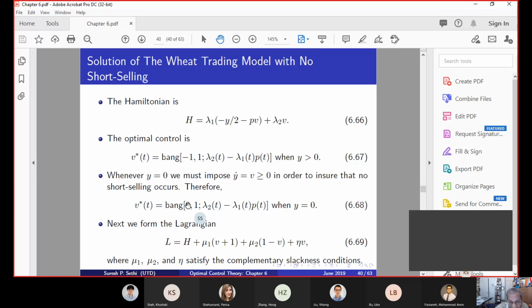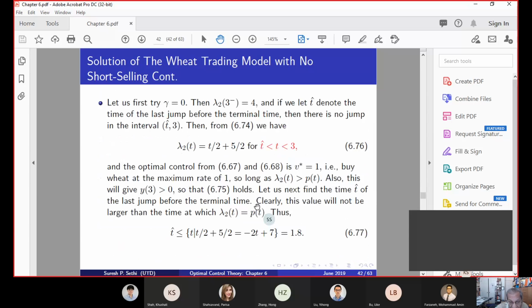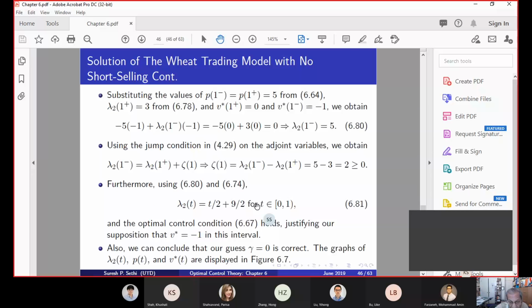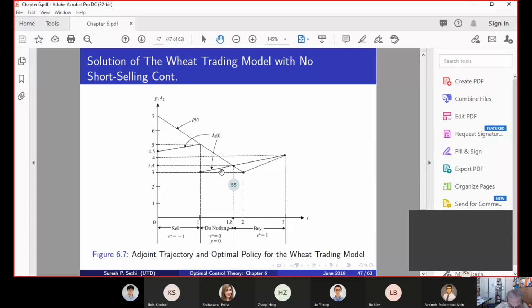So as you can see here, I'm exactly in the situation of that bang because I'm below the price. The lambda right now up to here is above the price, but after this lambda, below this lambda has already gone below the price. So if it's below the price, I would like to sell, but I have nothing to sell.